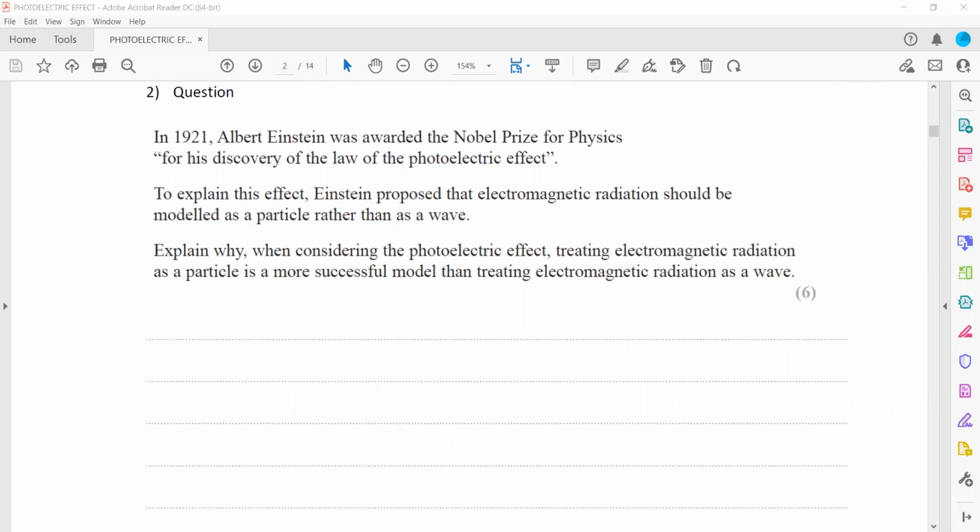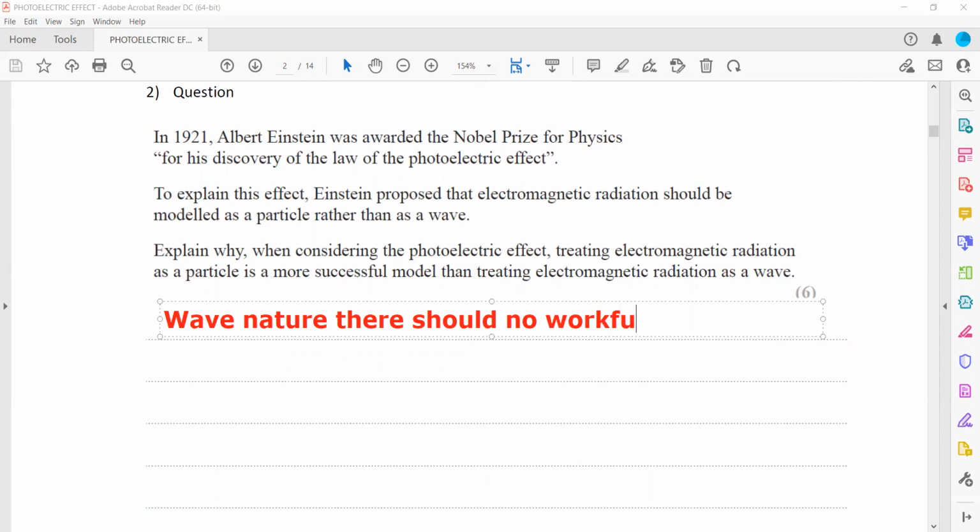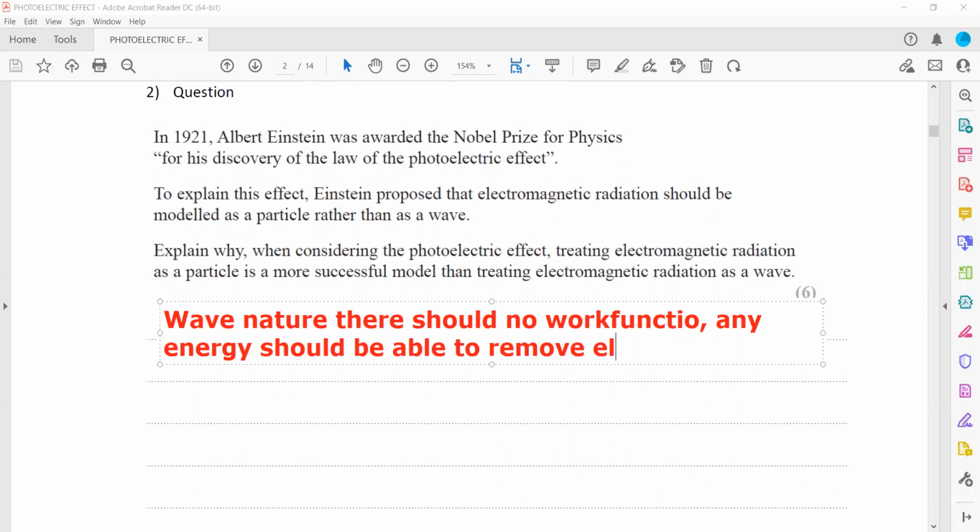Number one, according to wave nature, there should be no threshold frequency or work function, and any kind of light should be able to remove electrons from the metal surface.